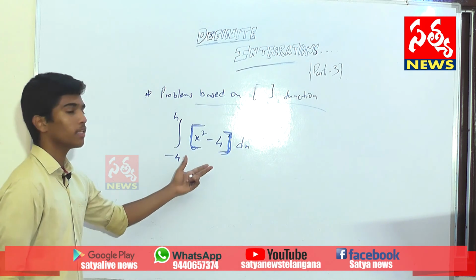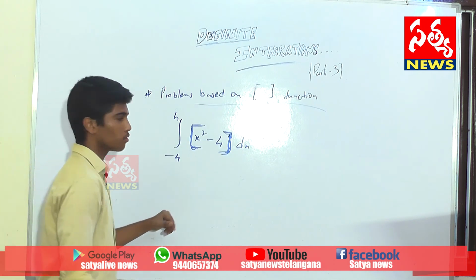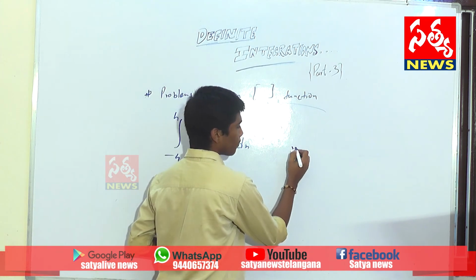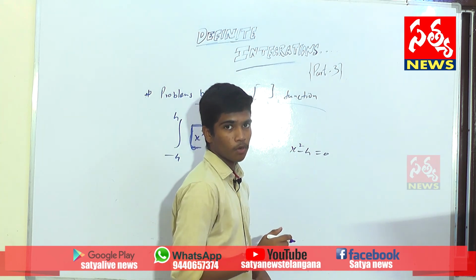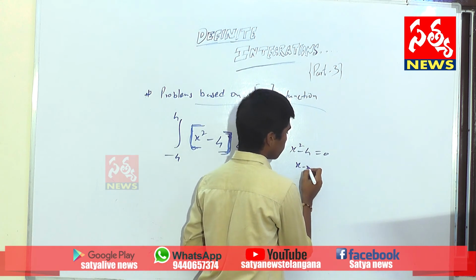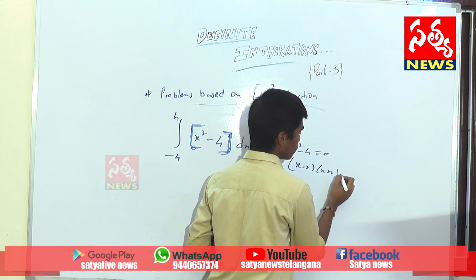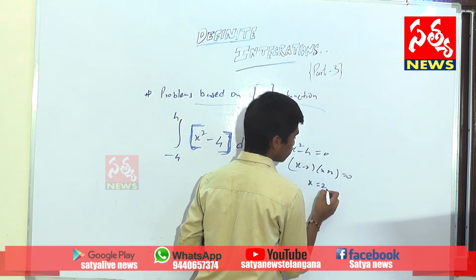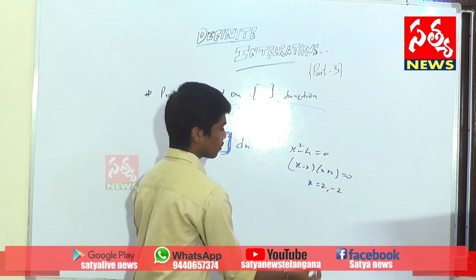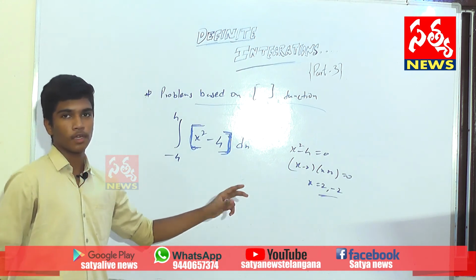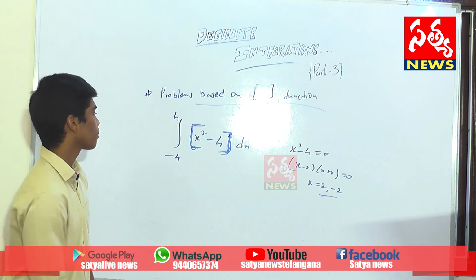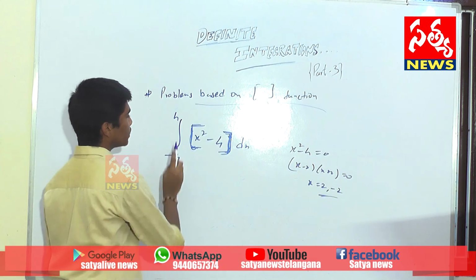We have to find the range of x square minus 4. To find it, we equate f of x, or x square minus 4, to 0. We get x minus 2 into x plus 2 equal to 0, where x is 2, minus 2. This is the range, which is x from minus 2 to plus 2. But the limits here are minus 4 to plus 4.